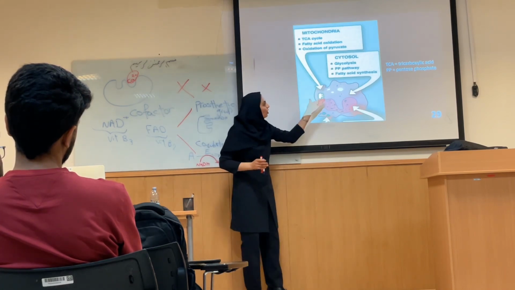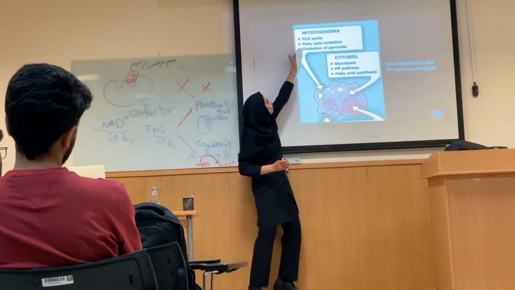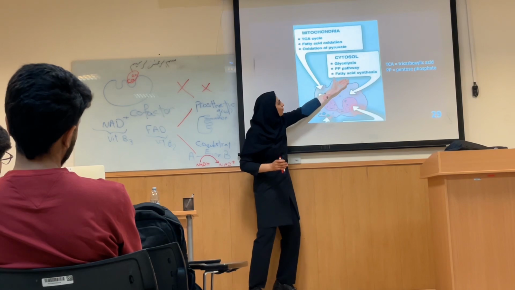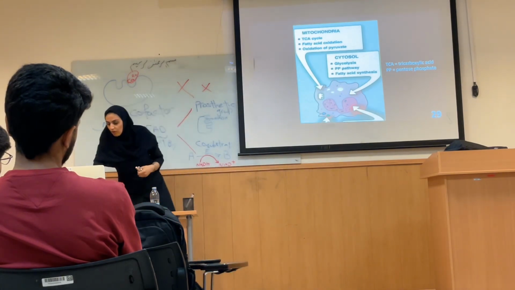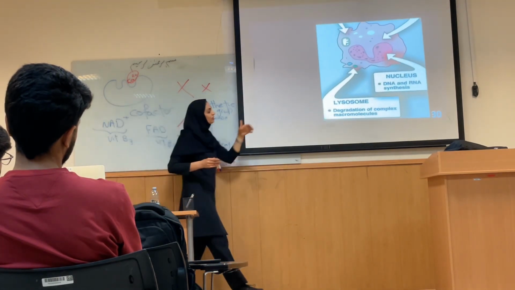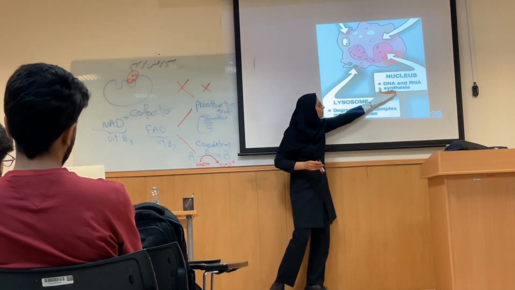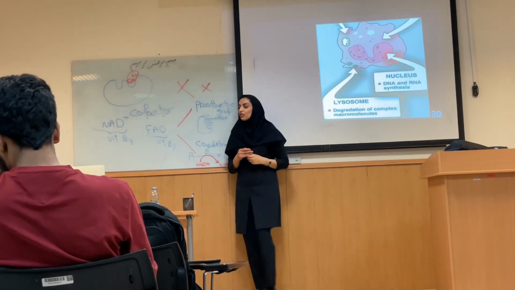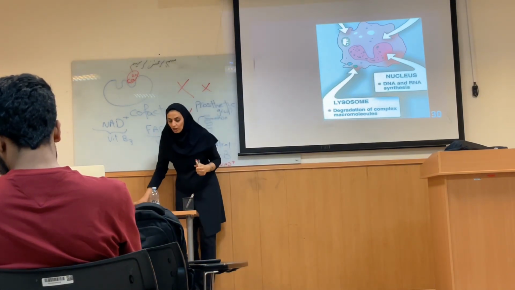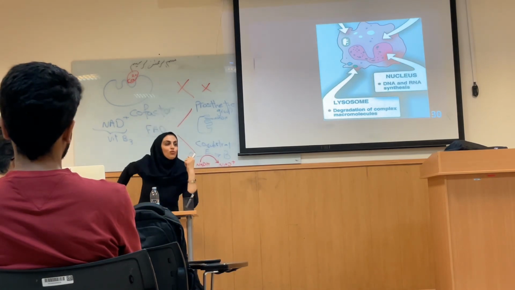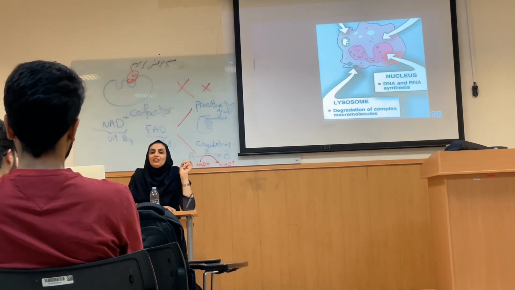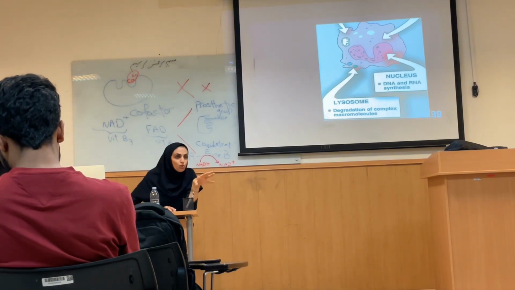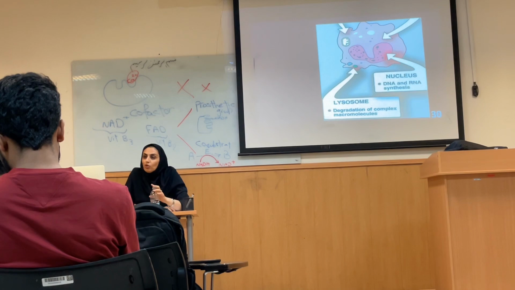Mitochondria have different cycles and different enzymes. Cytosol has different pathways that we will study one by one. The nucleus has enzymes for RNA and DNA synthesis, and lysosomes have enzymes for degradation. What is the rationale behind this arrangement? Why are some enzymes in some tissues and others in other organelles?